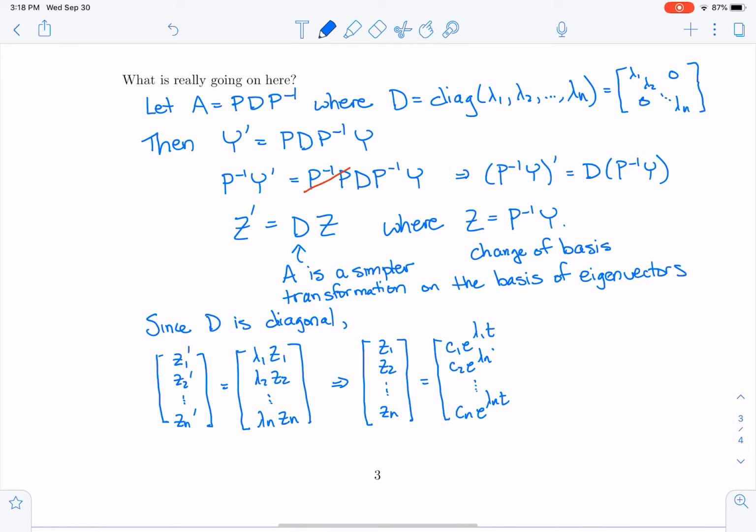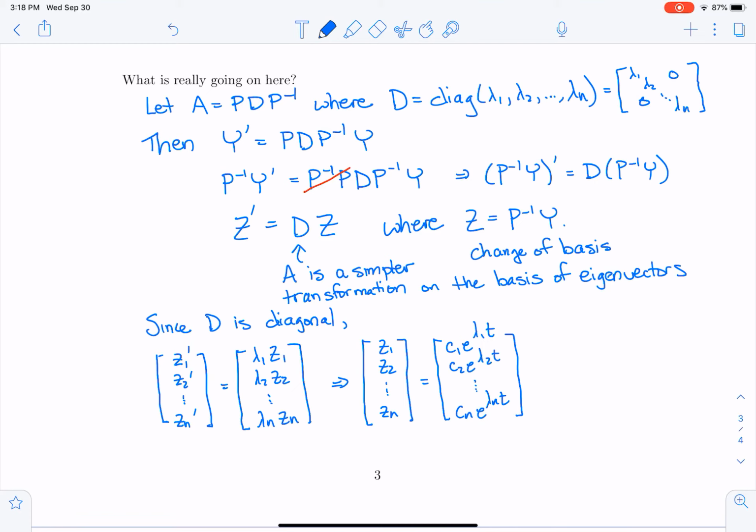Okay, these are very simple exponential growth or decay differential equations to solve. So now we can write it that way.